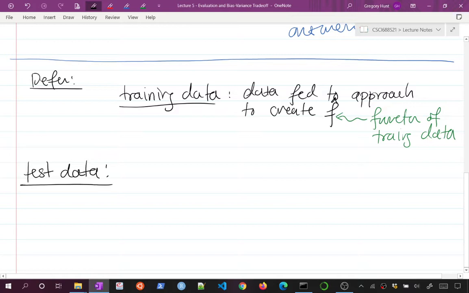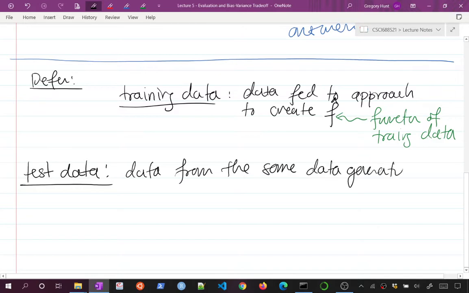And test data is basically data from the same kind of data generating process, be that a natural phenomena, measurements of the same natural phenomena, pictures taken by similar cameras. So it's kind of this idea of this data generating process that generates the data.